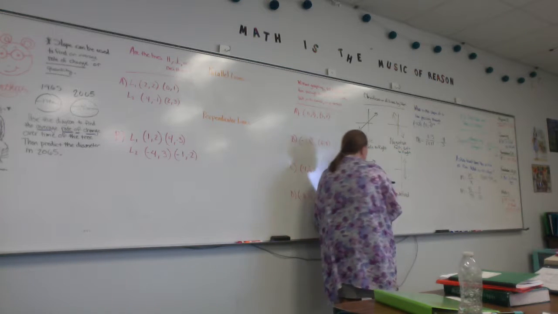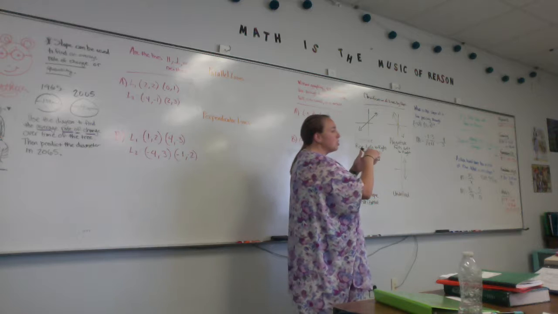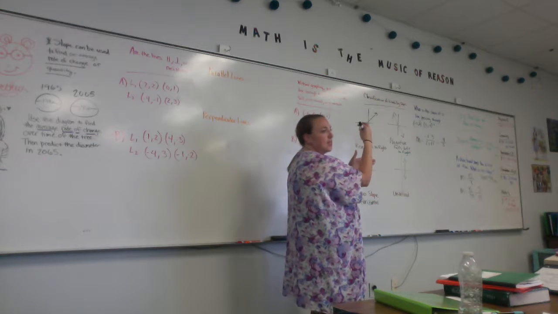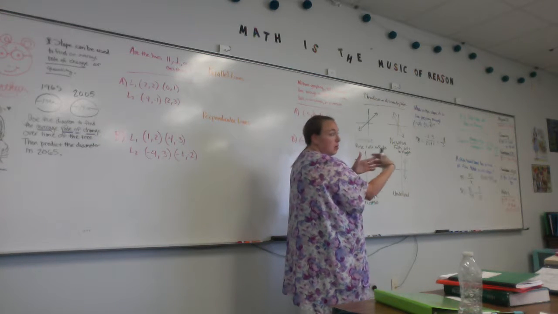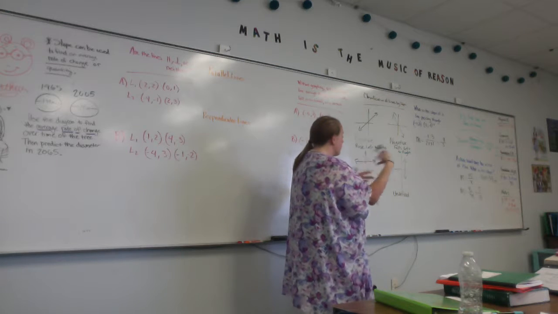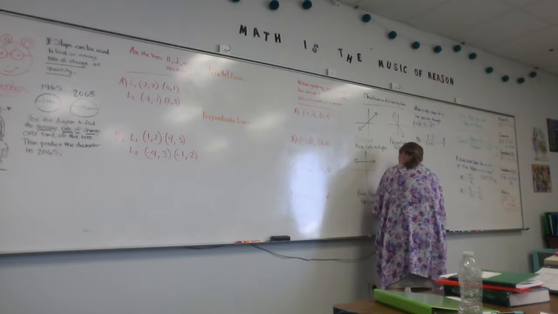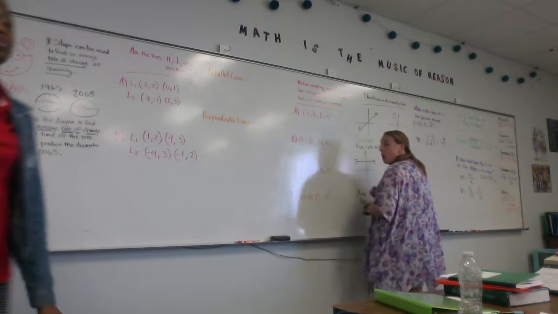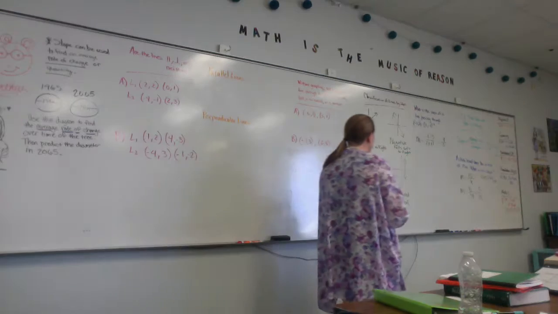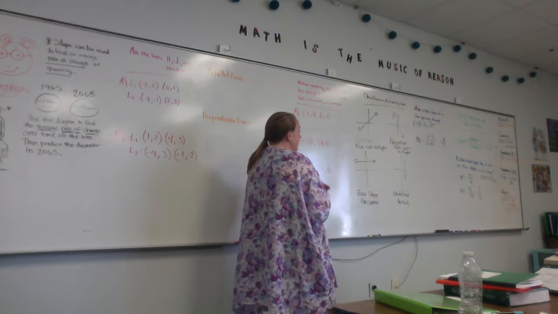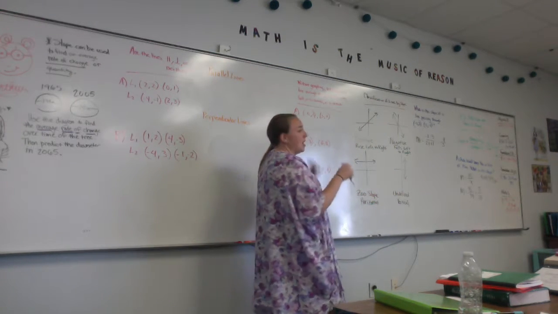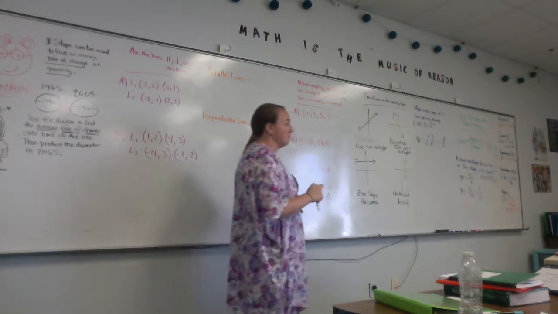A 0 slope means that if I were to solve, it would have 0 on top of the denominator. 0 over 7, 0 over whatever. Undefined slope is a vertical line, and it means that it has a 0 in the denominator. That's why it's undefined, because we can't have zeros in our denominators.